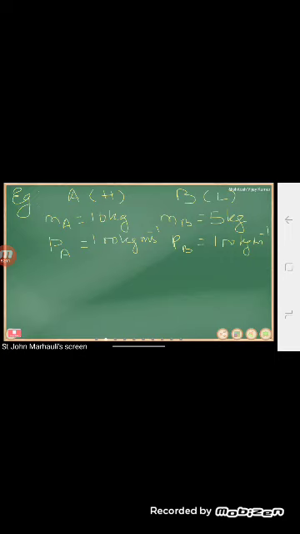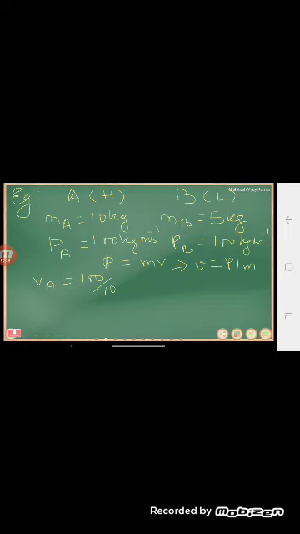From here, to find the velocity, we know that P is equal to mv, which implies that v will be equal to P upon m. So velocity for A will be PA, 100, upon mA, 10.